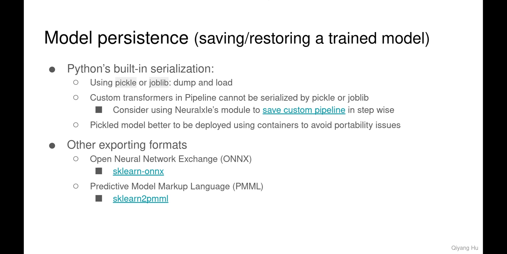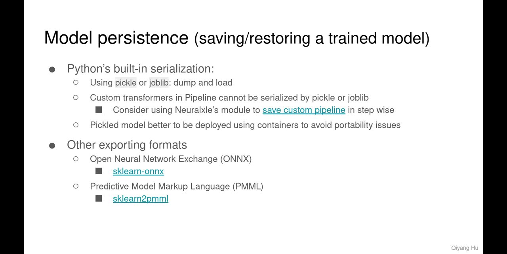In that case, you had better deploy your pickle model using container techniques, so that everything is wrapped up in a closed environment and the portability issues are avoided completely.